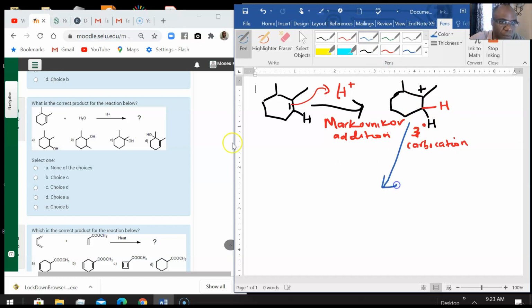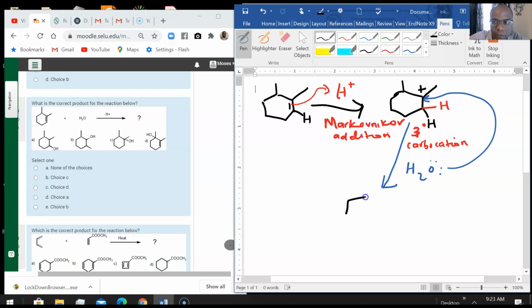So in the mechanism now, the water will use the lone pair on oxygen to attack the carbocation. So you end up with your H2O here with your oxygen positively charged because you used one of its lone pairs. And like I said, you always do what we call proton transfer.